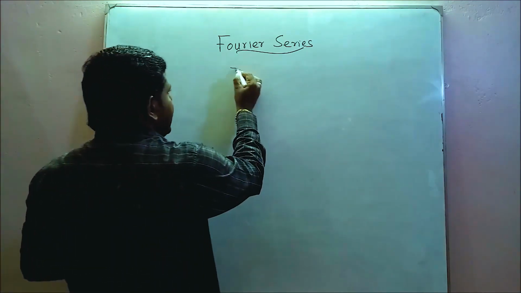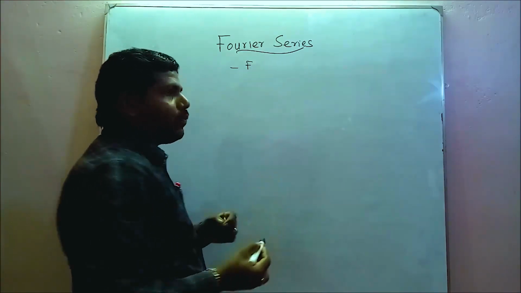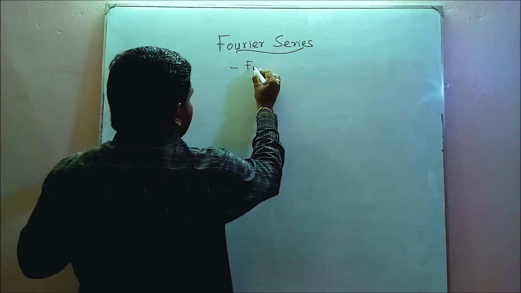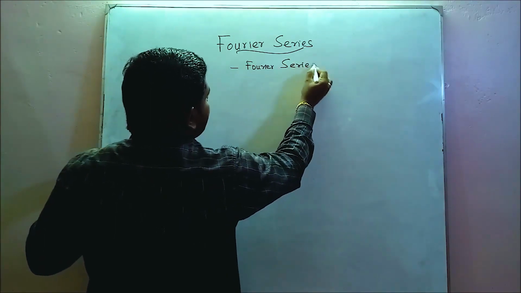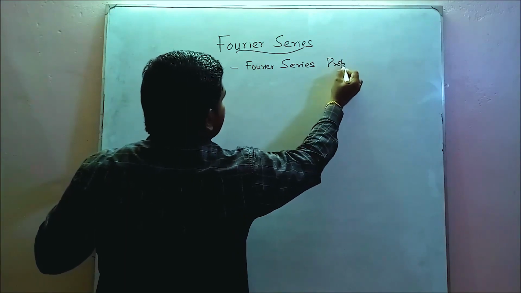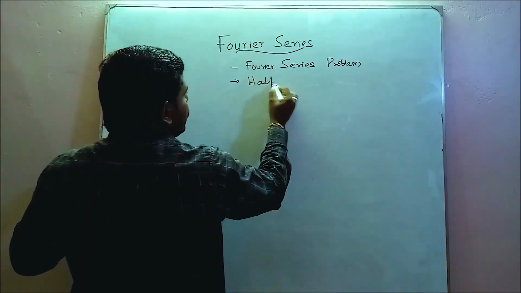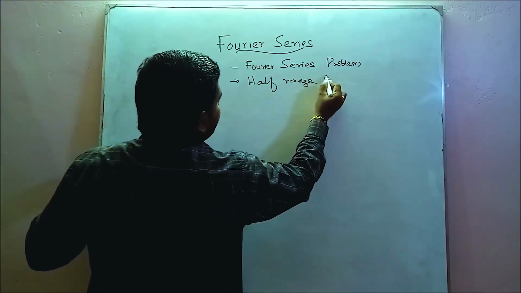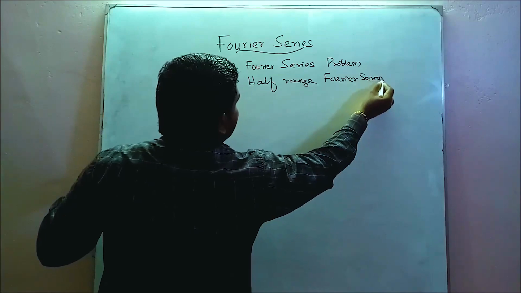ஃபர்ஸ்ட் செக்ஷன் இஸ் Fourier series problem is nothing but a full range Fourier series. So இது வந்து first section. Second one, half range Fourier series.